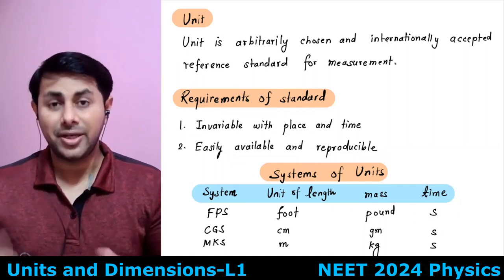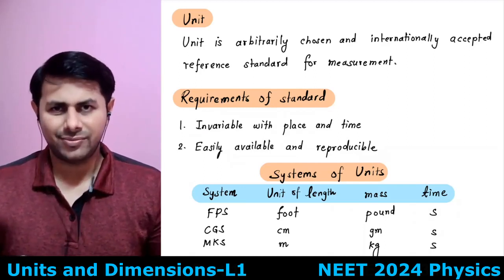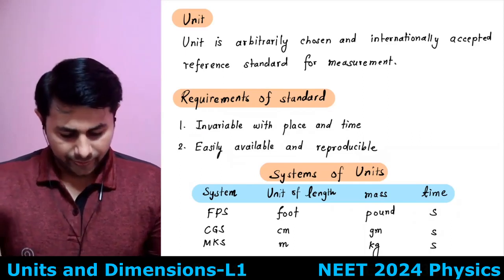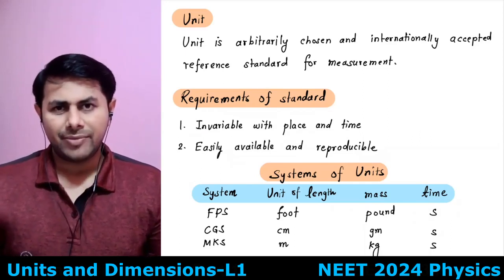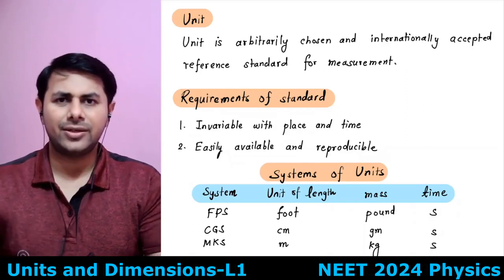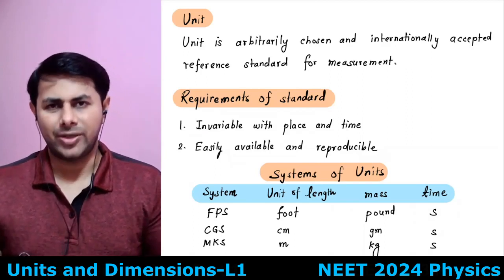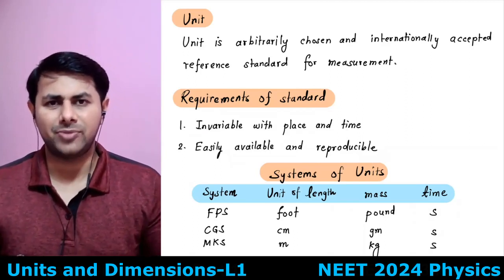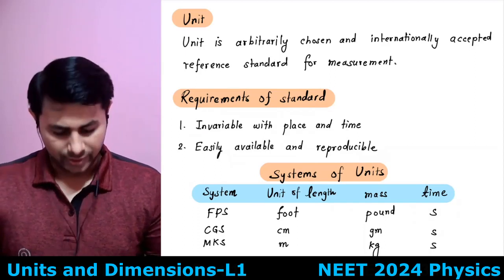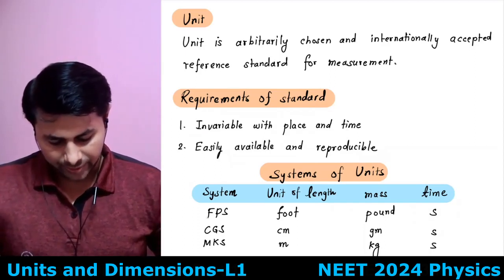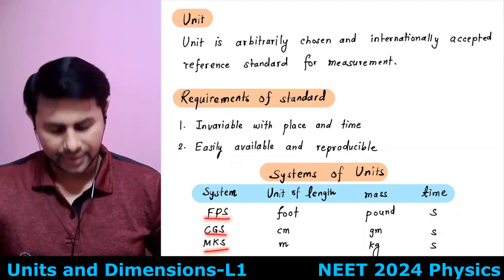Different parts of the world had different systems of units, and those systems were FPS, CGS, and MKS.